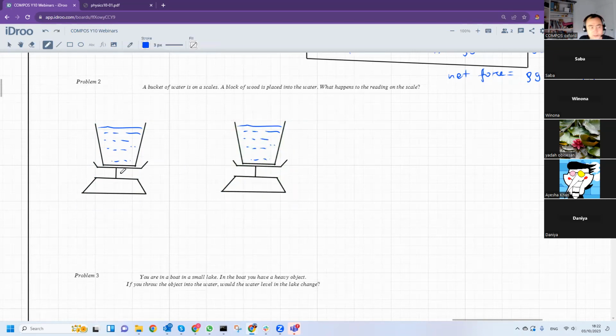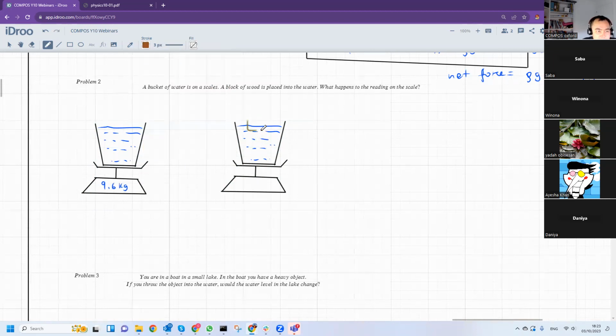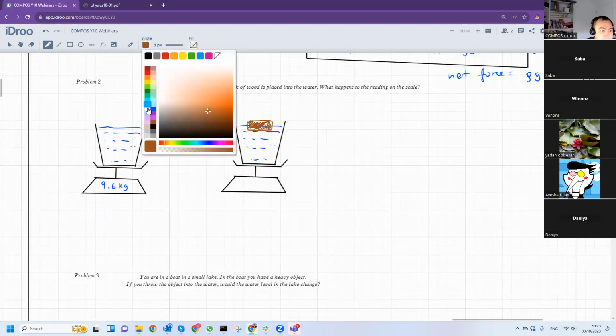So let's say our typical bucket of water is, I don't know, 9.6 kilograms. And you place a block of wood on top. What will the scales show?